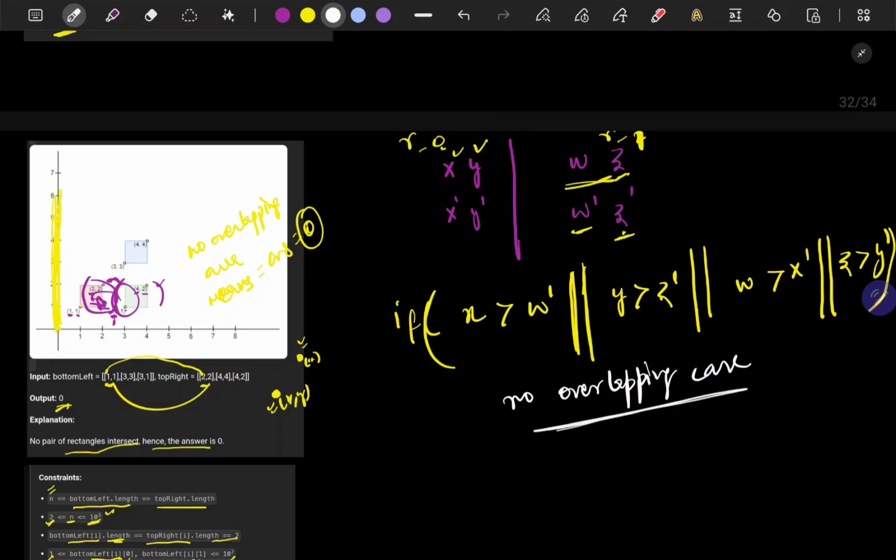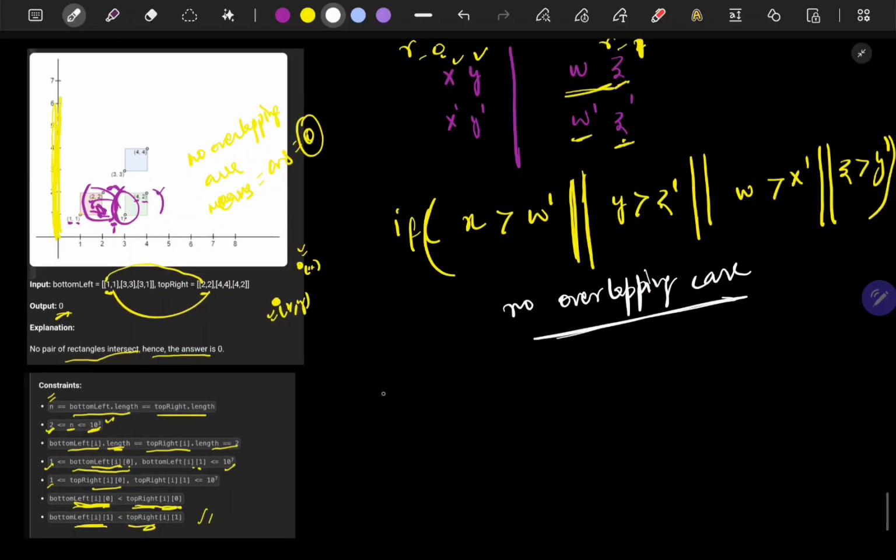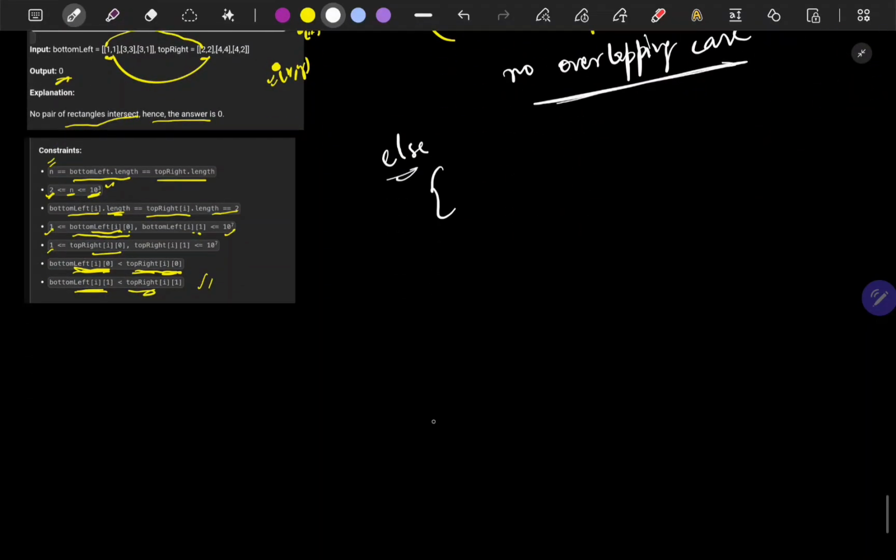If it's a non-overlapping case, we need not worry about it, because we will never find any square here. We can't fit any square here. In the else case, if we have some overlapping space, then what do we have to do? How do we check the conditions here?